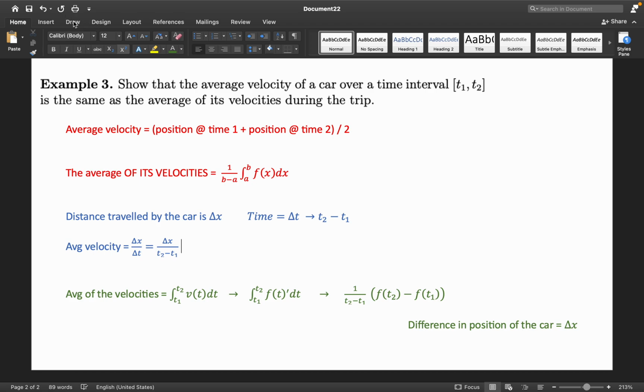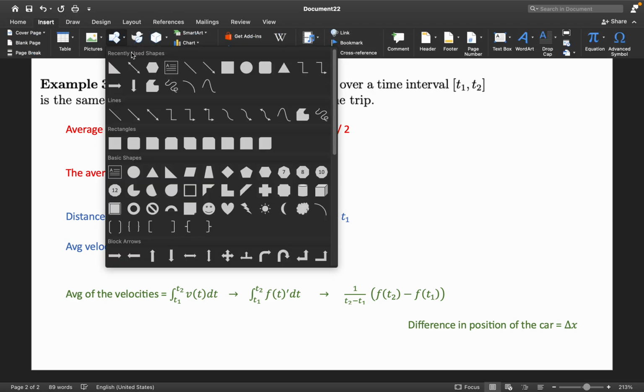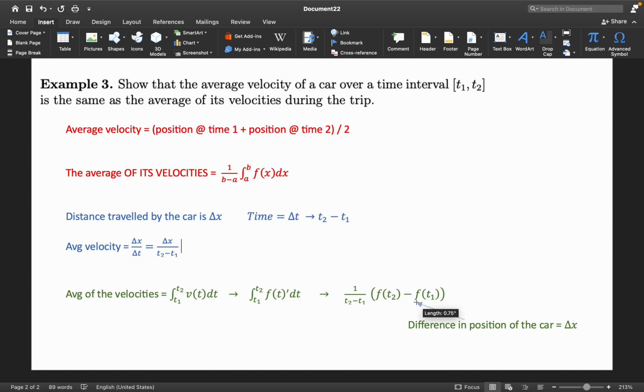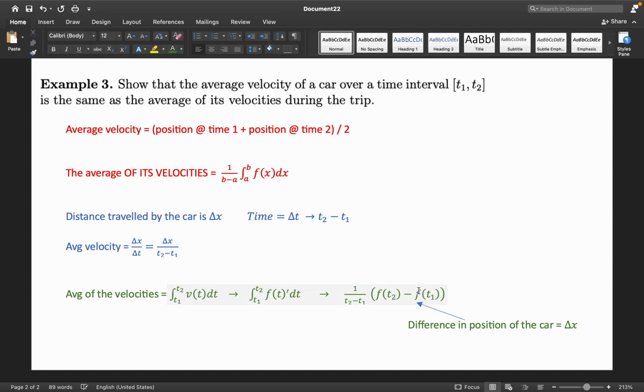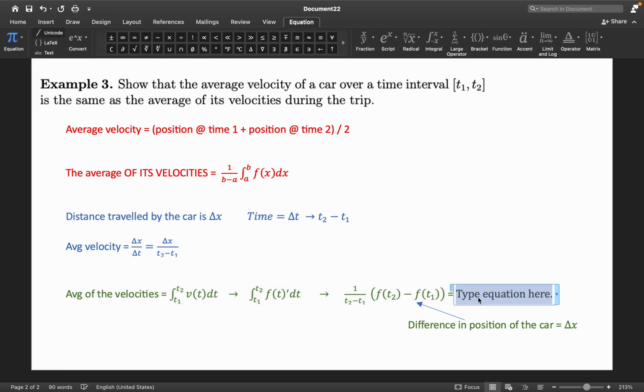So this stuff right here, f of t2 minus f of t1, is just the difference in position. So this is the same thing as saying delta x over t2 minus t1. Same thing.